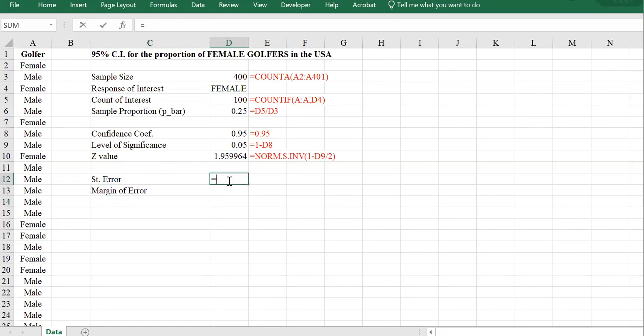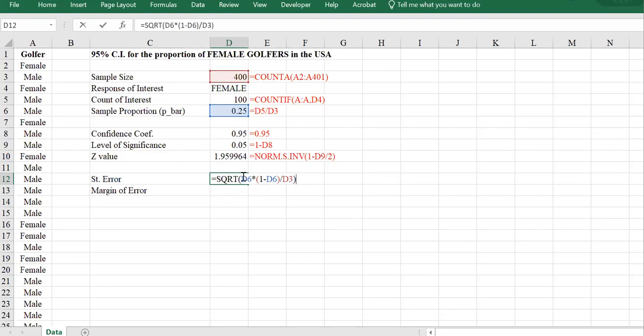So standard error would be SQRT, square root, of p bar times parenthesis 1 minus p bar divided by sample size 400. The parentheses are important, where you're putting them.